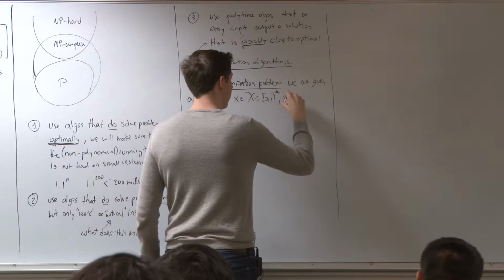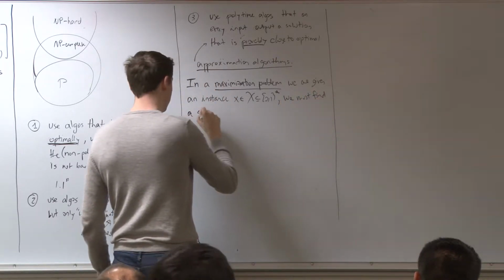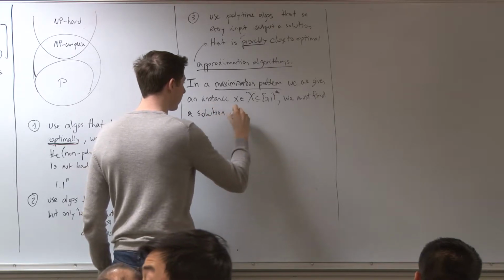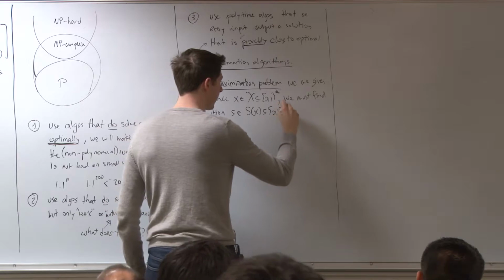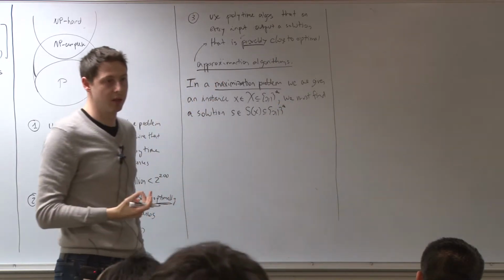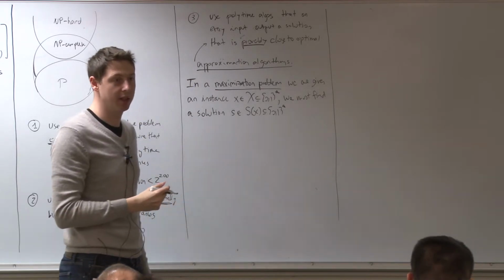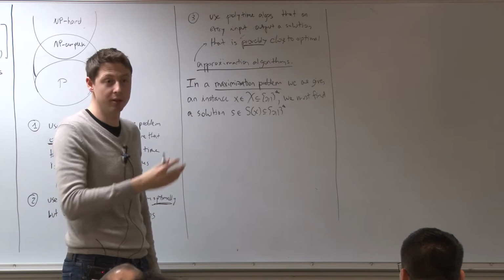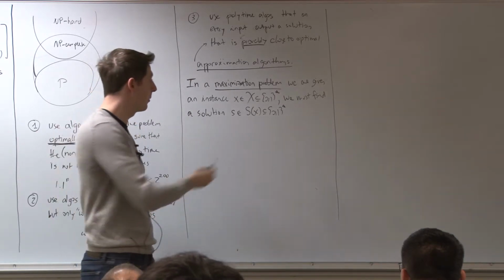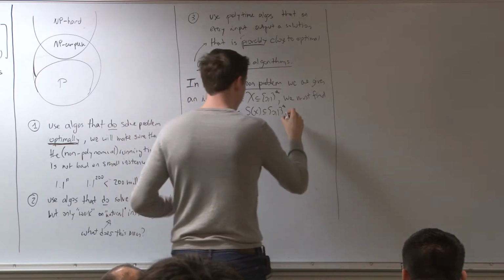And we must find a solution S. The solution S will be in some space determined by the instance. So think about, maybe X is a graph, right? And the space of possible solutions could be maybe all flows on the graph or maybe all paths on the graph, something that's determined by the instance, of optimal value.